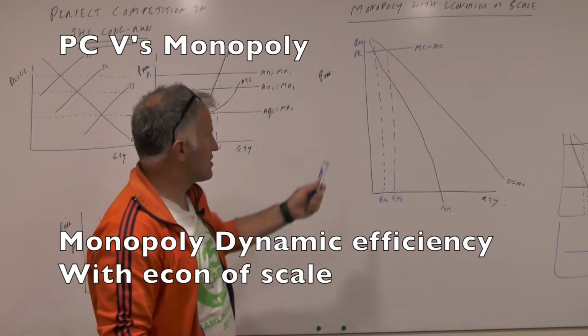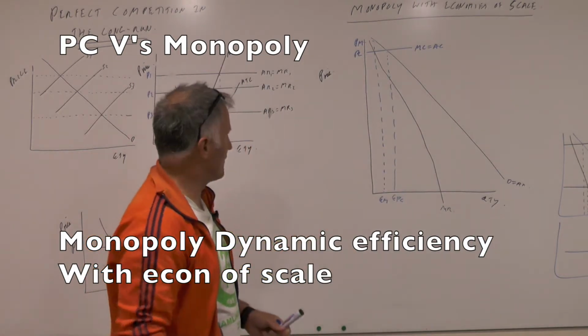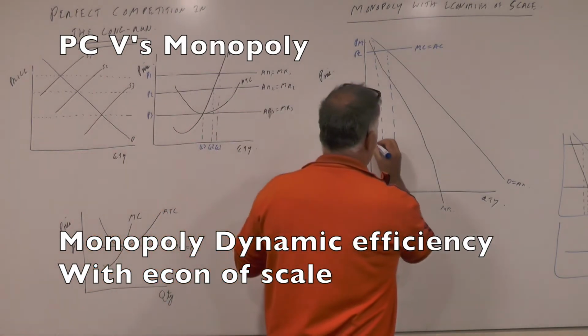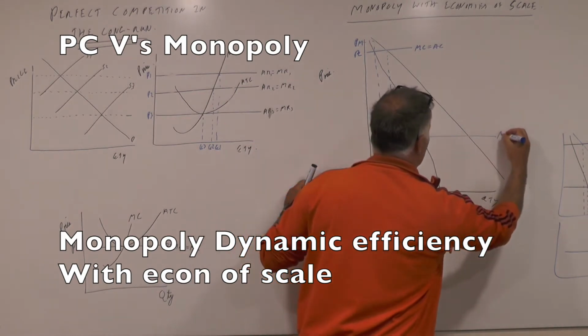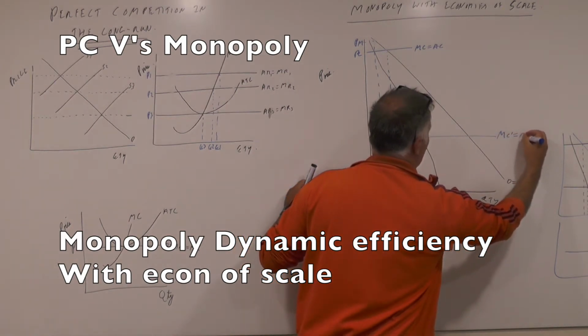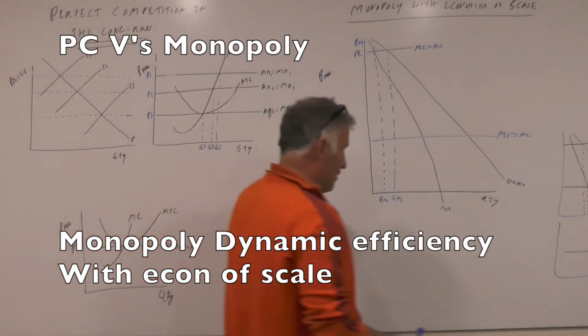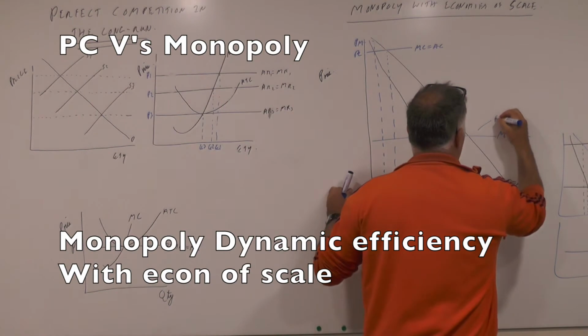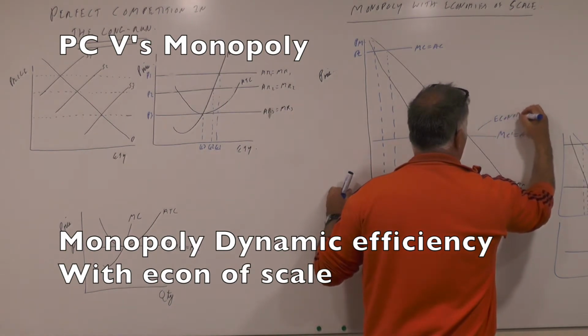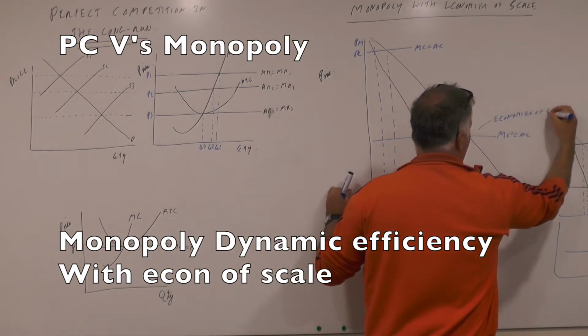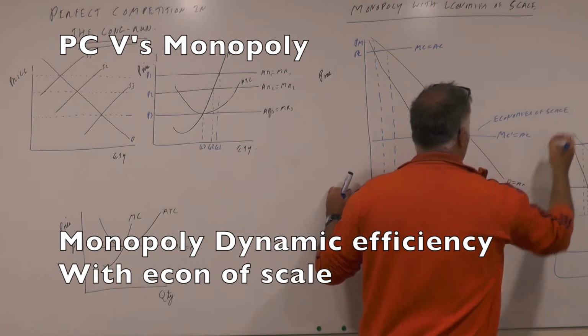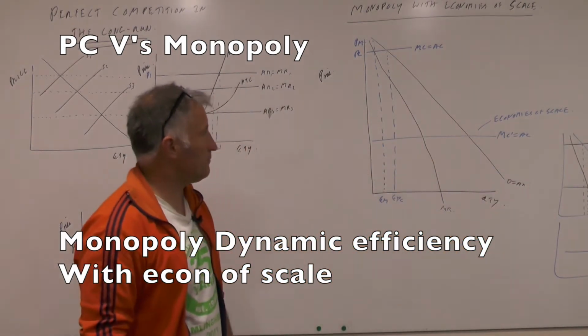What we then draw in this line that's not particularly straight, okay, is you draw a line all the way down here, and we say, okay, so what happens if the monopoly can achieve that with economies of scale? So we've now got economies of scale on there as well.